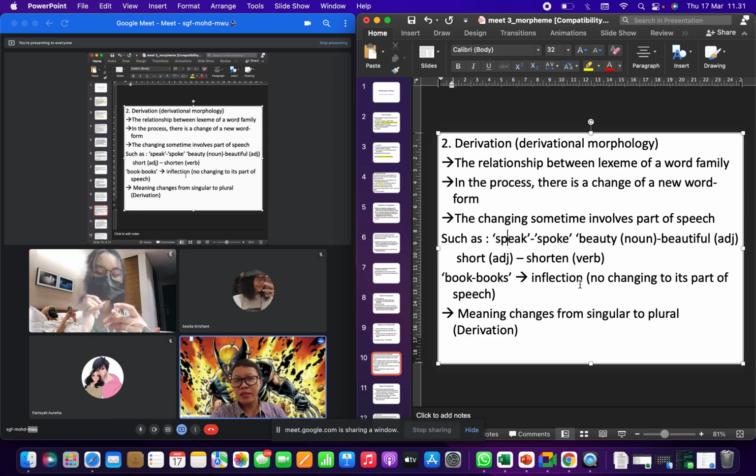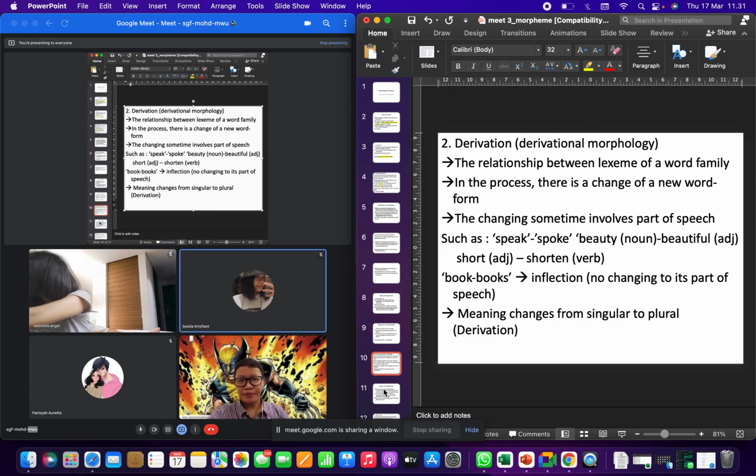So it is inflection. But based on its meaning, it is derivation because one is talking about something now, the other is talking about something in the past. So the meaning has changed, it is a derivation. That's right, Cecil.